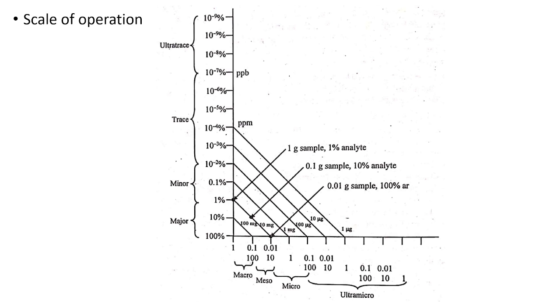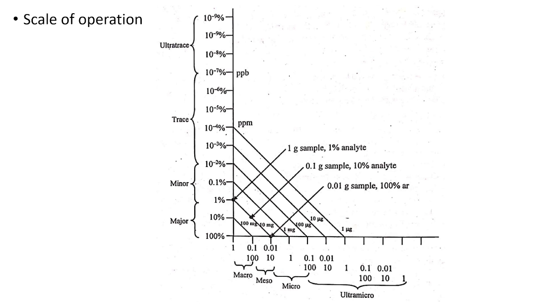Thus a 1 gram sample containing 1% analyte has the same amount of analyte as a 100 milligram sample containing 10% analyte. Actually, proportionally it is the same.